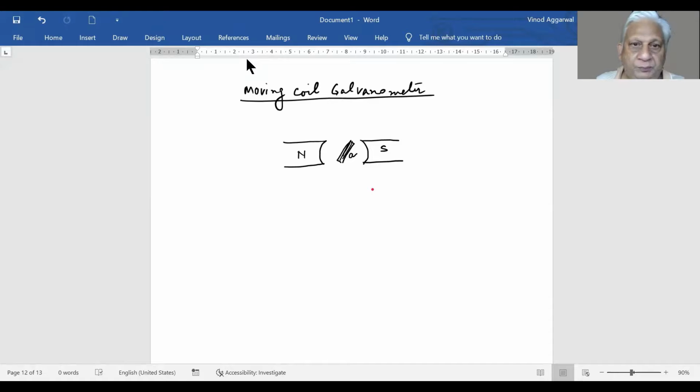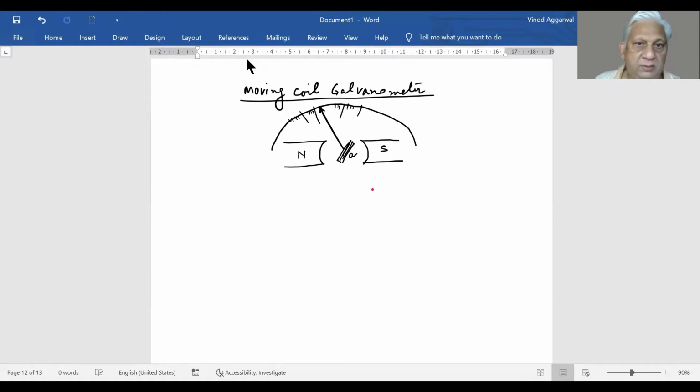Now there is a scale, and a pointer is attached. This is the scale.